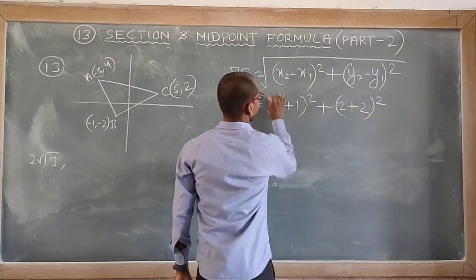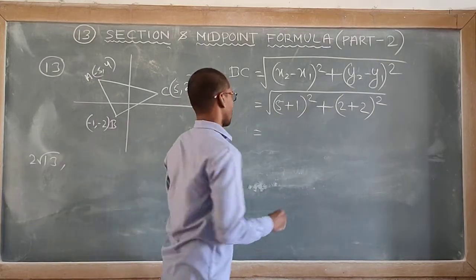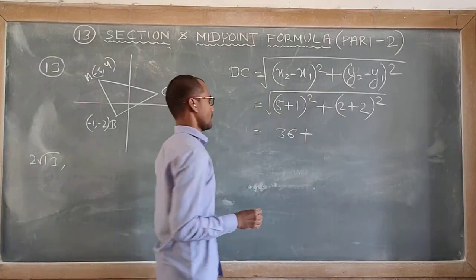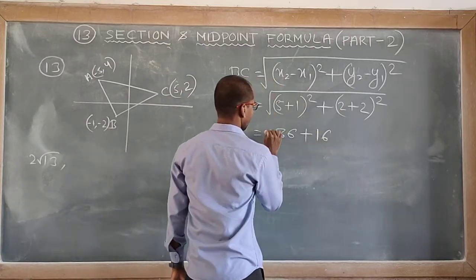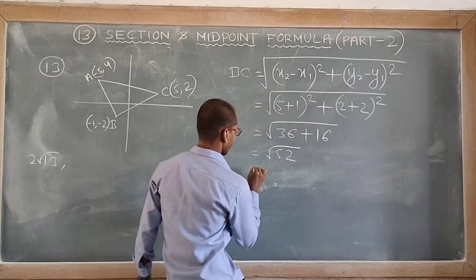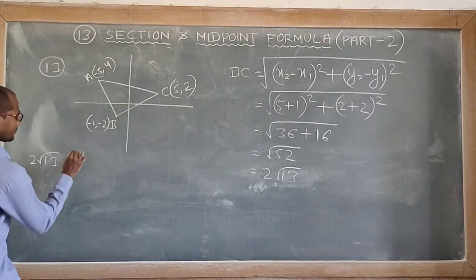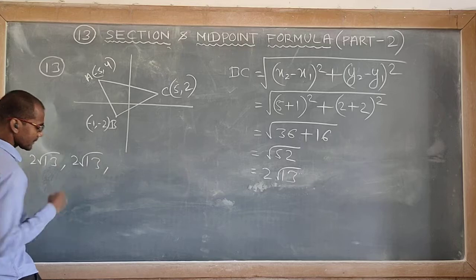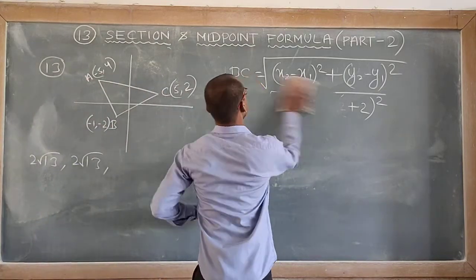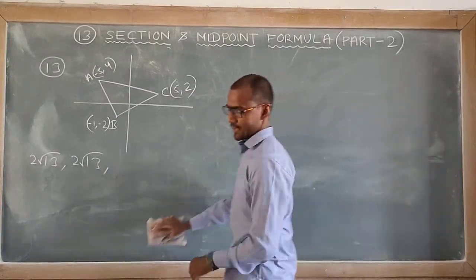So 5 plus 1 is 6, and 6 square is 36. 2 plus 2 is 4, and 4 square is 16. Again we are getting the same value, which means it is an isosceles triangle. Square root of 52 is 2 root 13 units. Ready? Now the last side, the third side, AC.